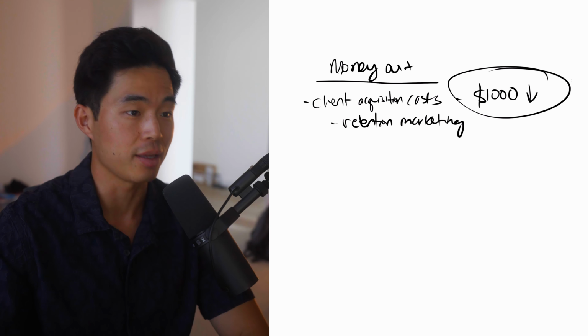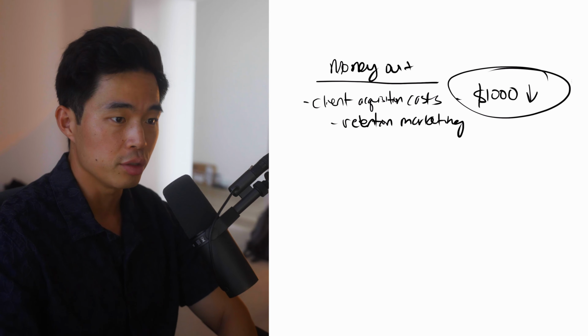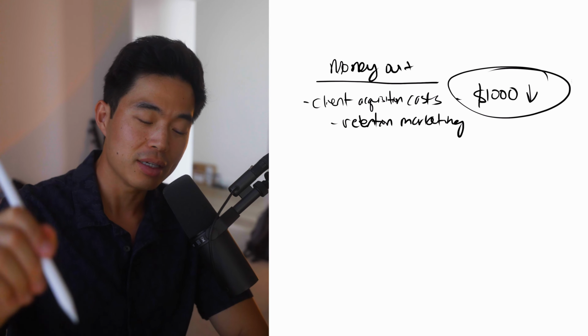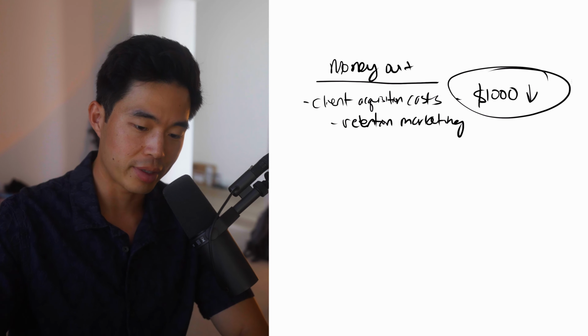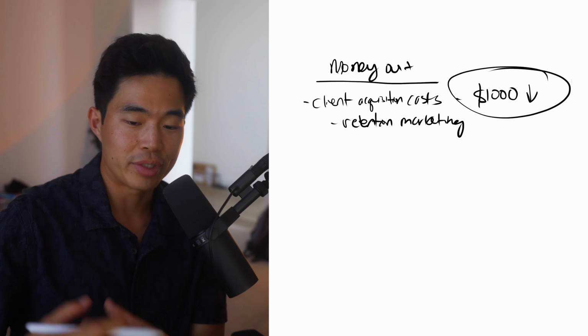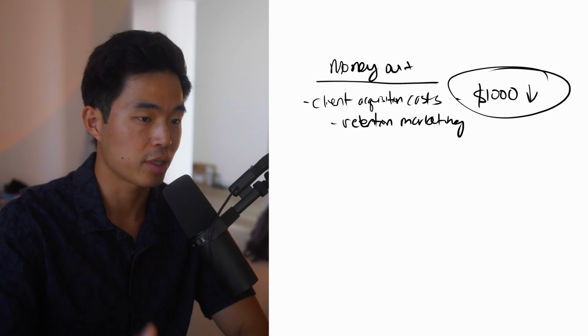It's pretty insane. So this is a great way to actually reduce your expenditures, right? Think about the people that you have already marketed to and gotten, right? You already got them. You just need to retain them. And retaining them is definitely a lot easier than finding a new client or customer.